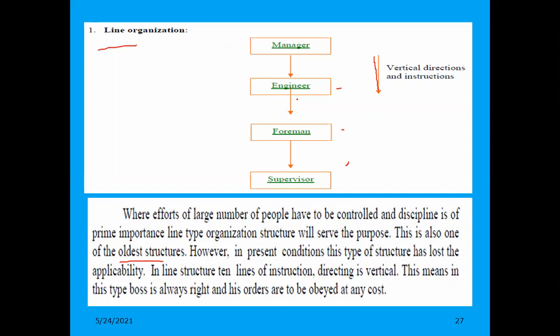Why? ఇంజనీర్ once ఒక decision తీసుకున్న తర్వాత correct or wrong మళ్ళీ పైన manager తో check చేయడు. Whatever the manager says to the engineer, manager will think, rethink and give the information to the foreman. Whenever there is any dispute or gap, ఇంజనీర్ ఏమైనా తప్పు చేసినా కింద వాళ్ళు కూడా అదే mistake ని continue చేస్తారు. Thereby finally your level will get problem. That's why in the present conditions this type of organization has lost its applicability. The line structure has instructions directed vertically. This means the boss is always right and his orders are always to be followed.